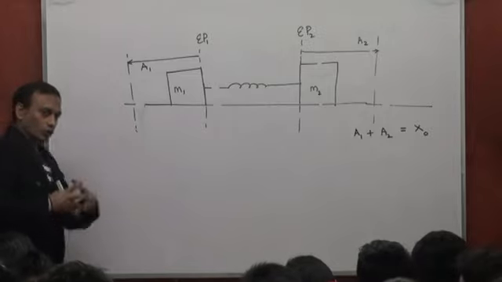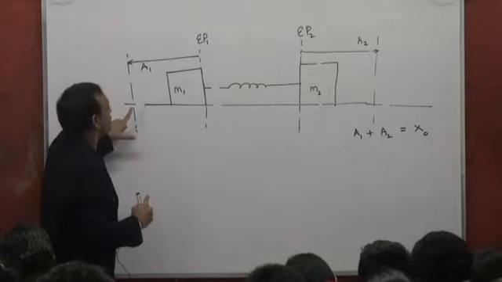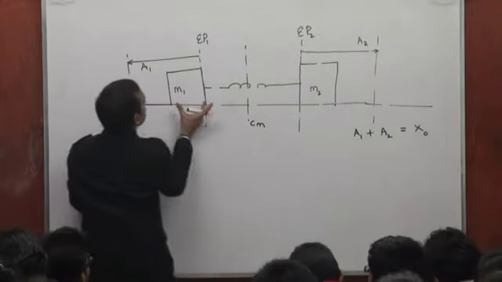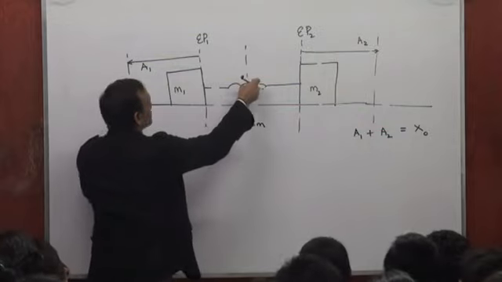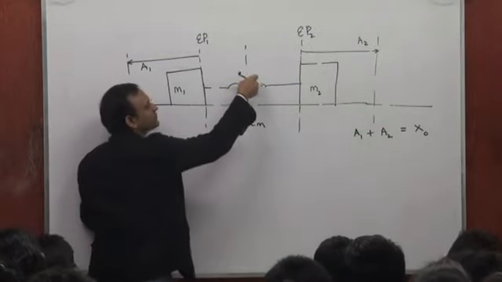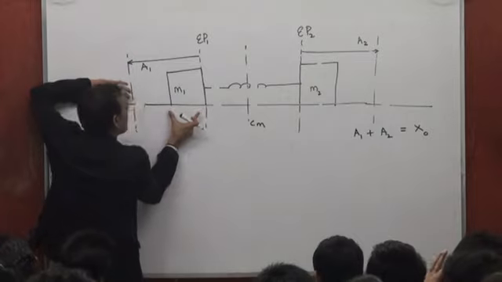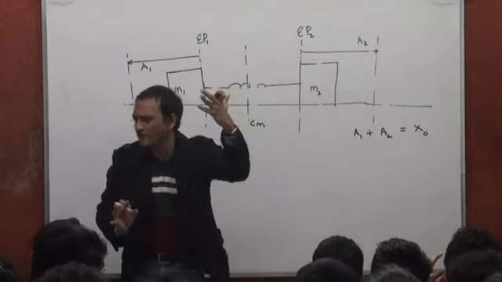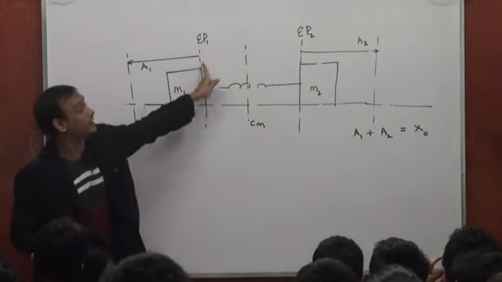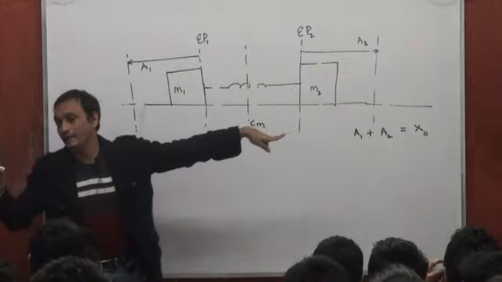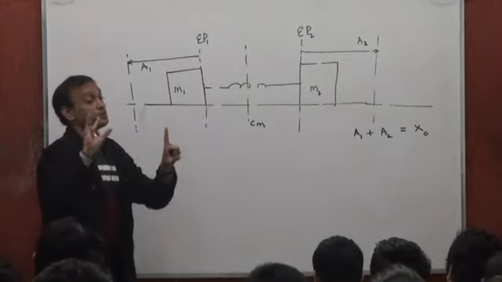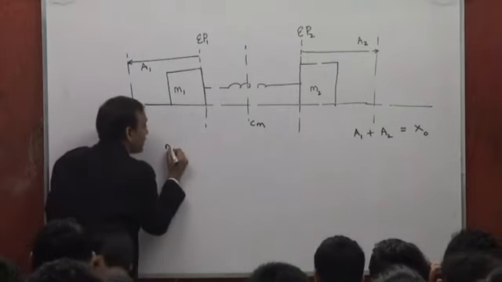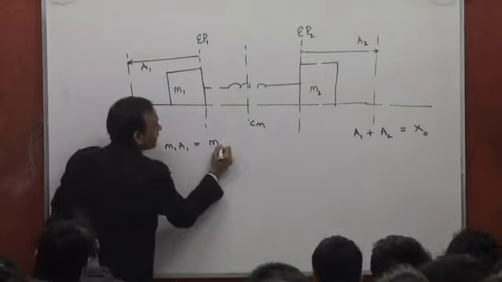Now, whatever it be, you also realize that if this was the center of mass, it's as if mass m1 is connected to the wall by means of the spring and it's fixed here, right? So the amount by which I slowly pull mass m1 to the left will give me the amplitude of motion of m1. So this a1 actually is the amplitude of m1 and that a2 is the amplitude of m2. But again, to preserve the center of mass, like I demonstrated a little while ago, I must still have m1 a1 equal to m2 a2.